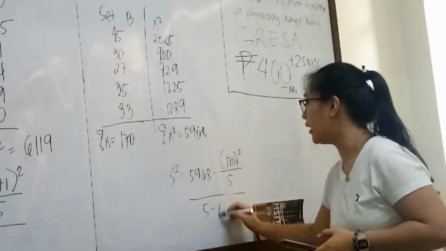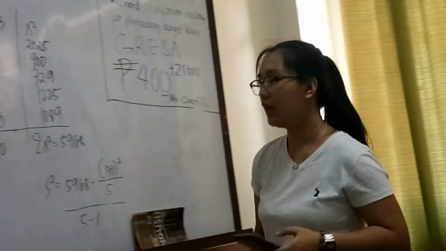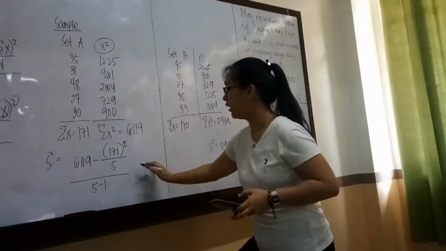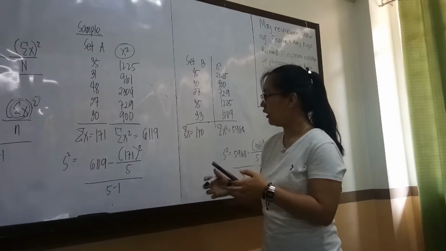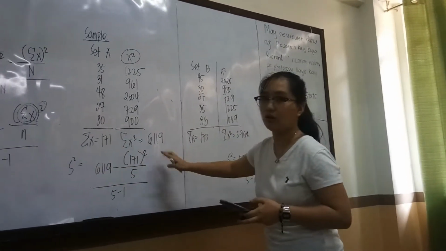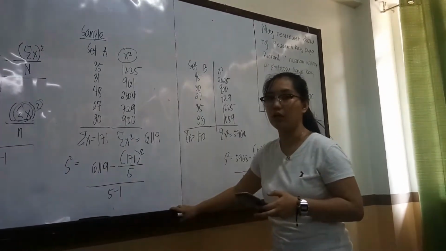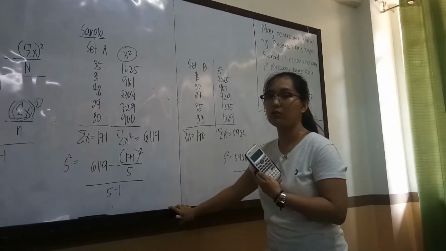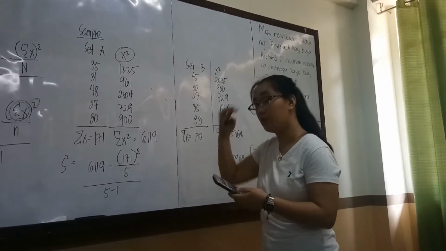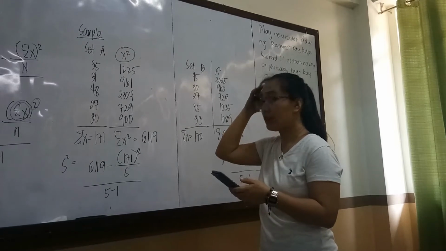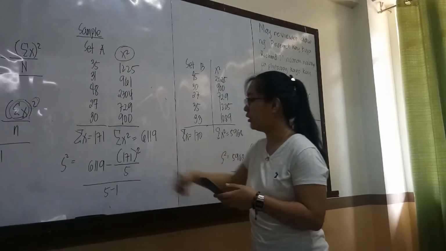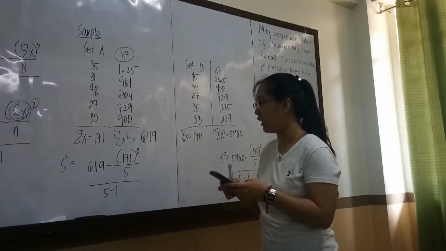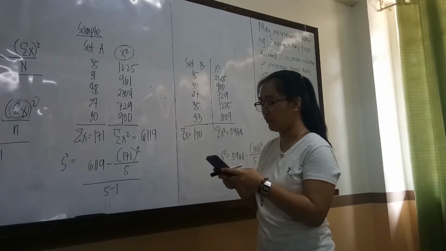And then we have 5 minus 1. Okay? So you can actually have this full equation on your calculator if you wish, for those who are knowledgeable, but for the sake of discussion, let's square first. Step by step muna.